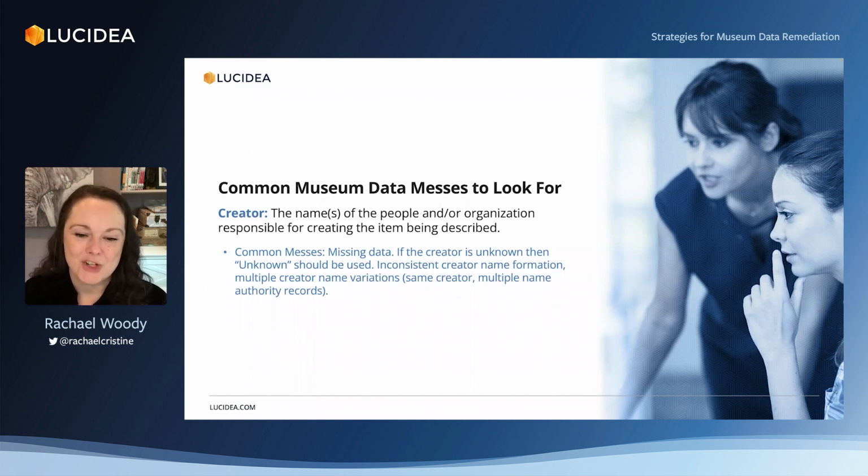So something as straightforward as John Smith could be Smith, comma John, could be John H. Smith. Several different variations. Maybe Smith has a Y in it one time. So having that inconsistent creator information is usually the next mess to look for here.